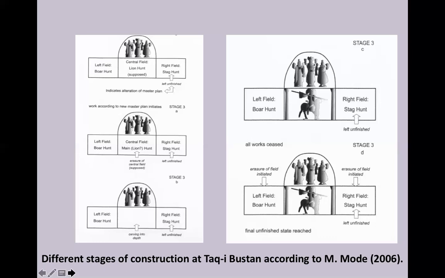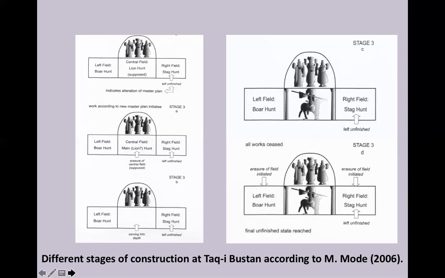Later, for some reason that we don't know exactly, somebody decided to destroy the panel which was in front of an ideal observer entering the bigger grotto, and in order to carve a new sculpture, he had to move a little bit back. So that's why we have the frame on the back of the grotto, and then we have to go in deep, like 1 meter, to find the new sculpture.